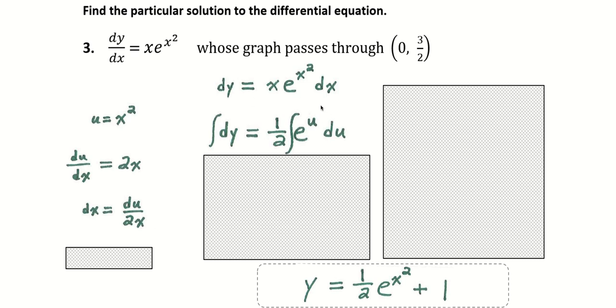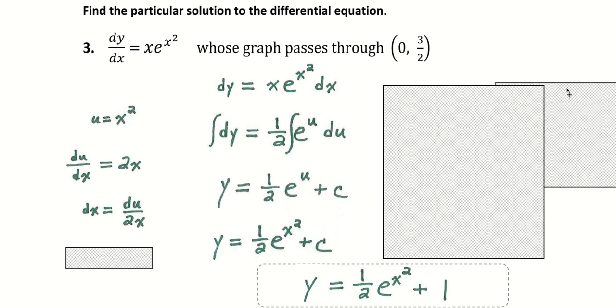I've been skipping some baby steps of plugging in whatever dx equals and then whatever cancels, but this would be the result of plugging in for the dx and for x squared. But now it's time to integrate, which now becomes a lot easier.